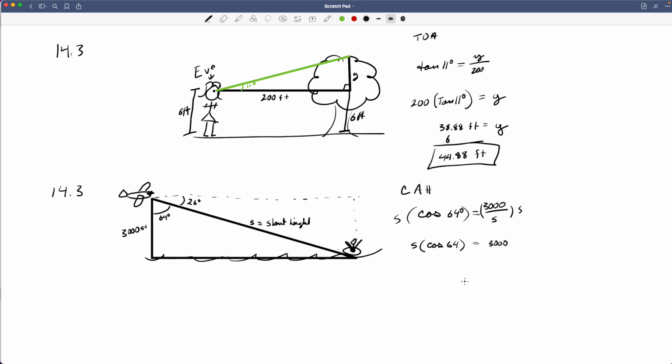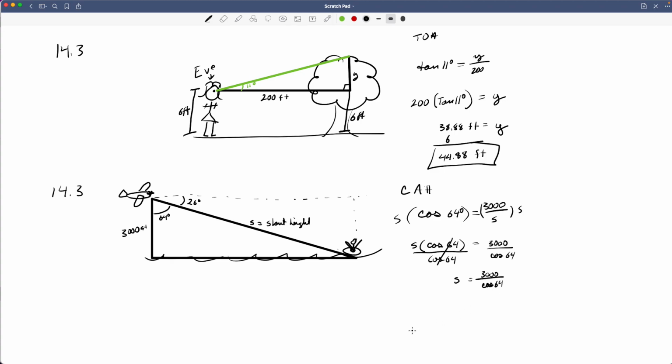That's great. We still don't have S by itself to solve. But now we have two factors, so we can divide by one of the factors, cosine of 64, on both sides. And then that's going to make this cancel, and we find that S is going to be equal to 3,000 divided by the cosine of 64.